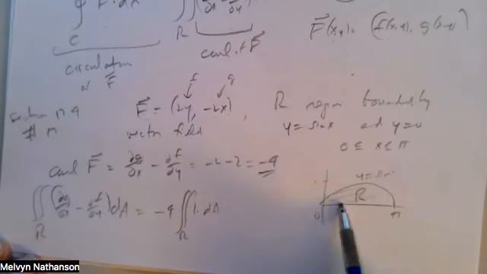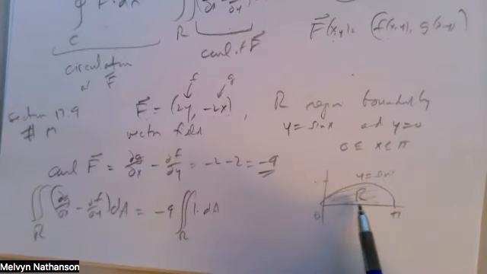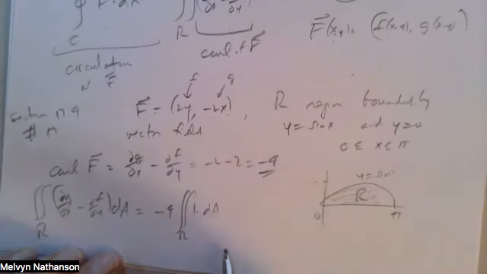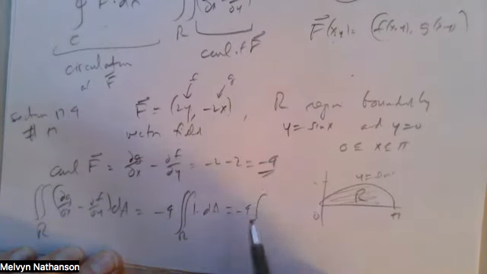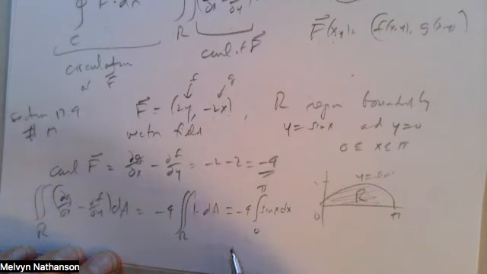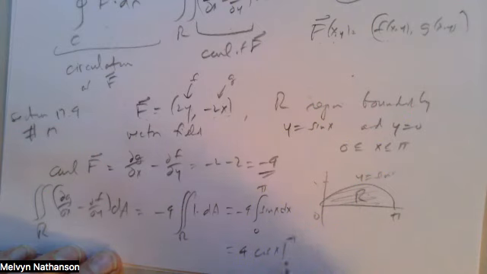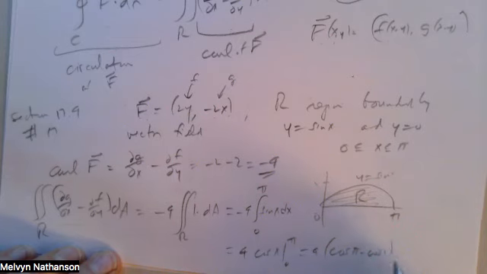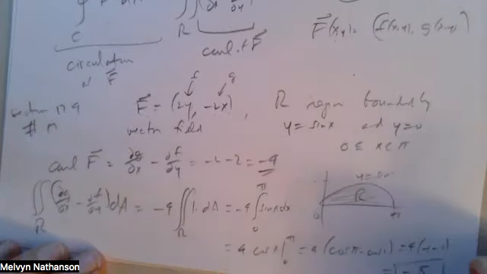That's just the area under the curve. What is that? That's minus 4, the integral from 0 to pi of sine x dx. That's 4 times the cosine of x from 0 to pi. That's 4 times cosine pi minus cosine 0, which is 4 times minus 1 minus 1, which is minus 8.